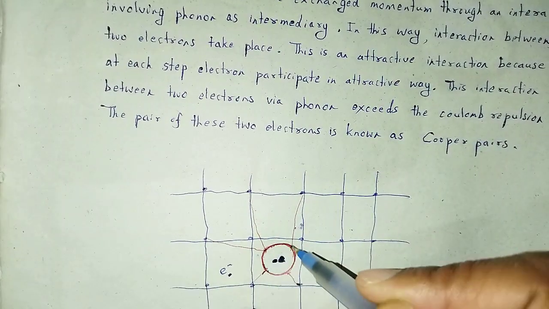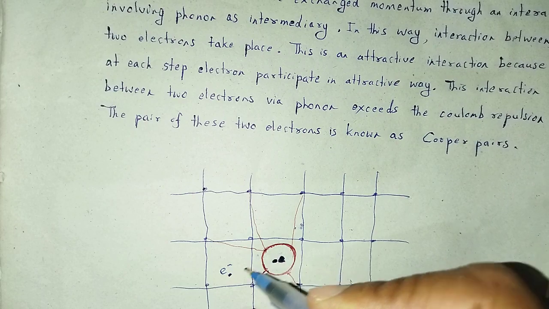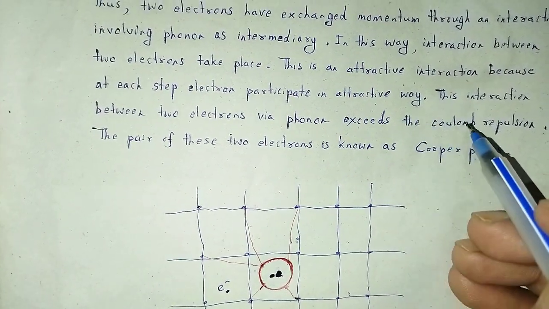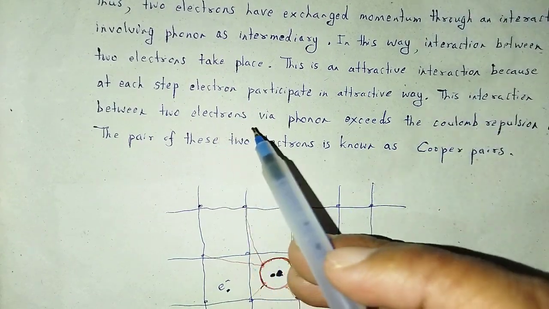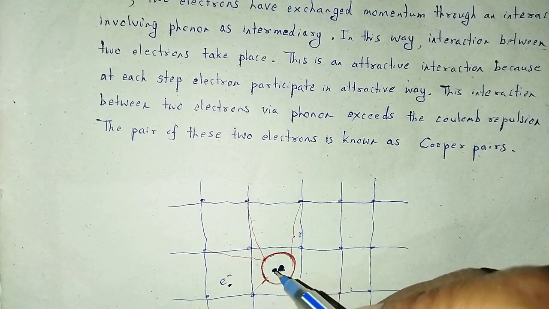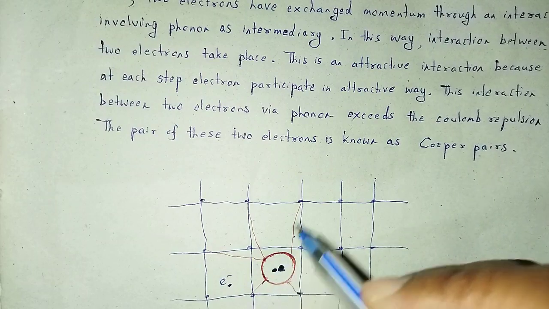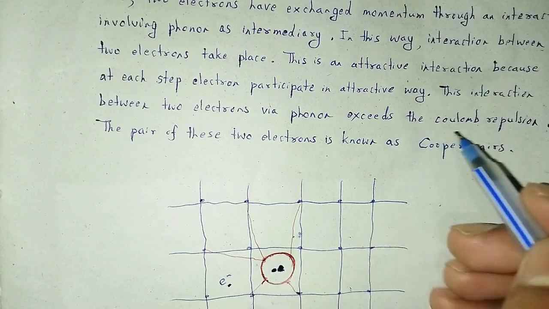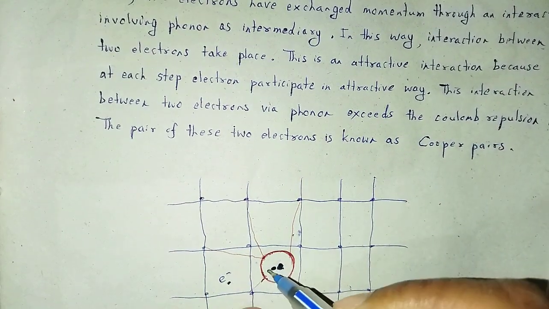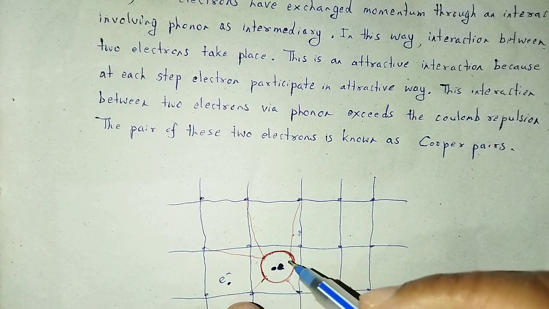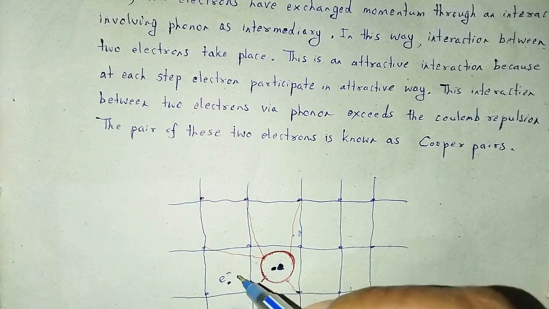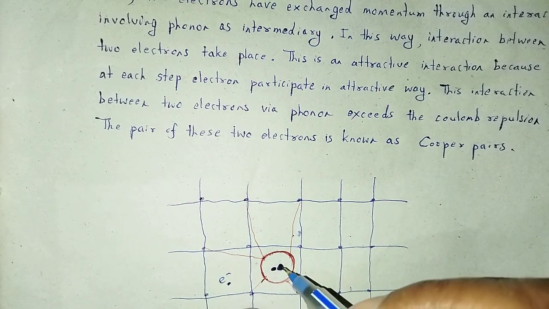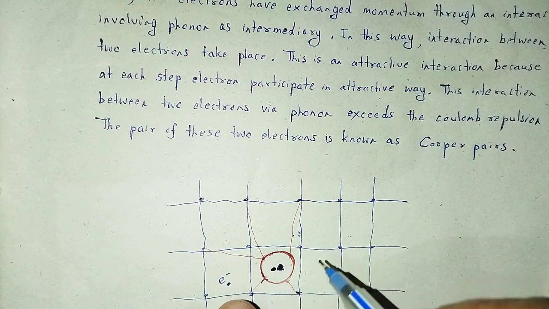Here is the positively dense charge, and that one is the negative. These two are attracted to each other in an attractive way. This interaction between two electrons by the phonon exceeds the Coulomb repulsion. Electrons repel each other, that is Coulombic repulsion, and the phonon with the electron, that is attraction. So the attractive force is much more in comparison to the repulsive force.